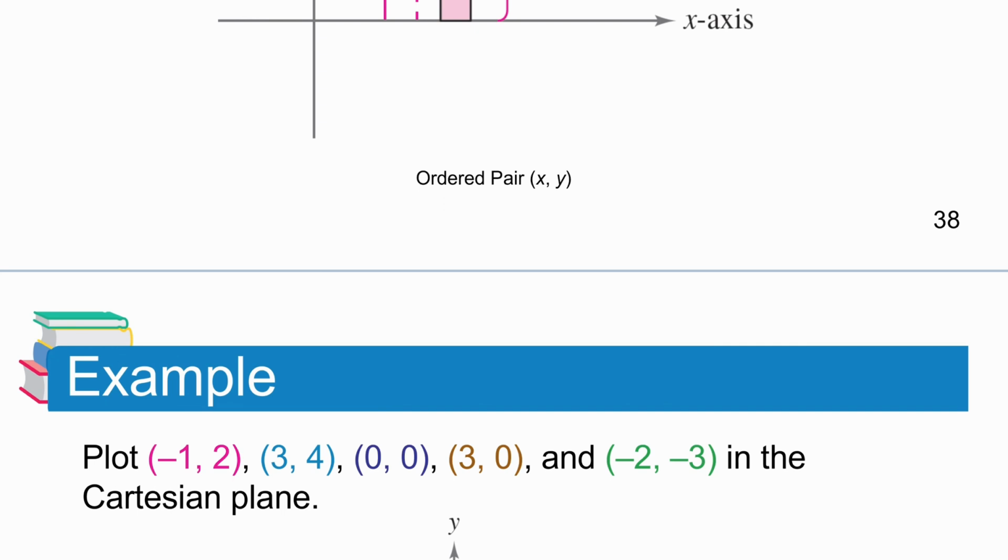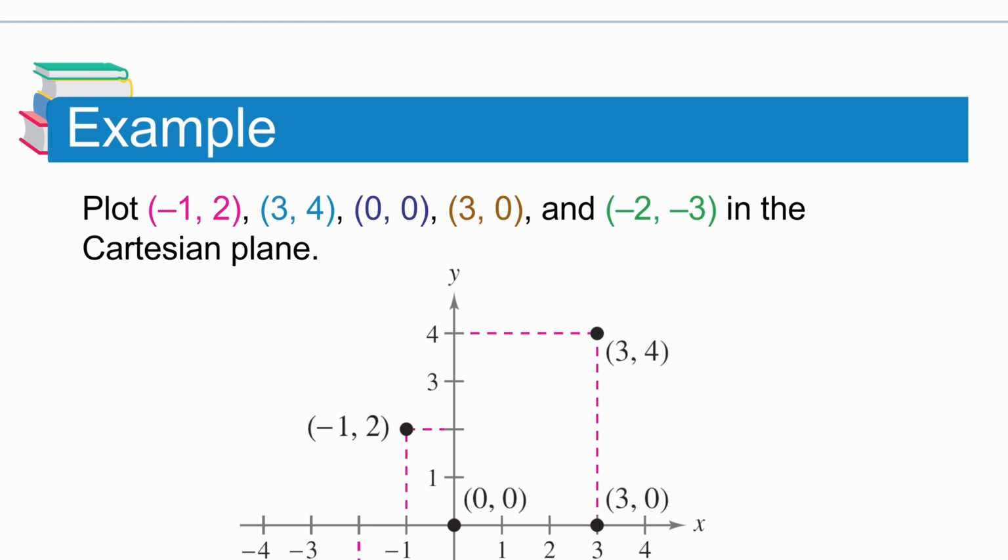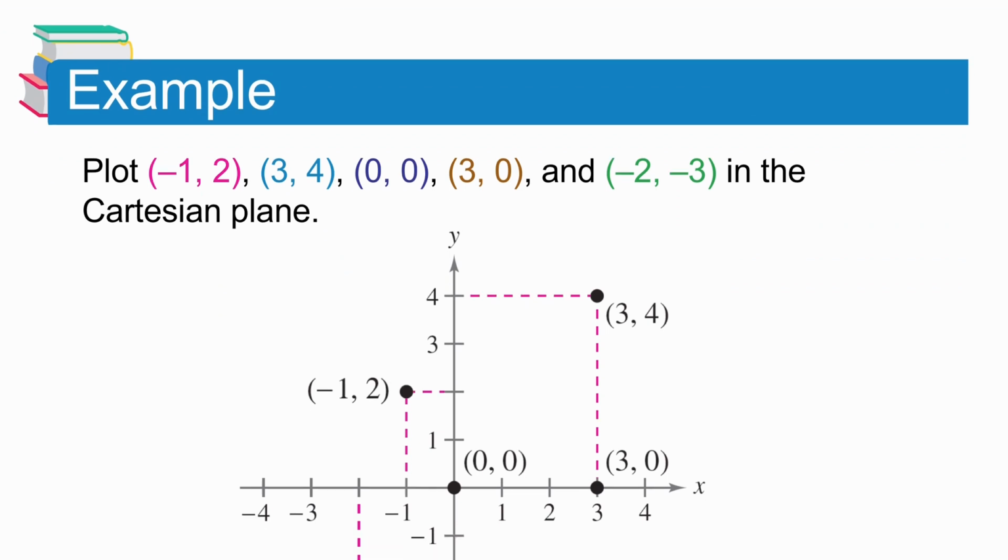So on these, the negative 1 comma 2, you notice it's right here. So we go to the right a negative 1. So this is negative 1, and then we go up 2.